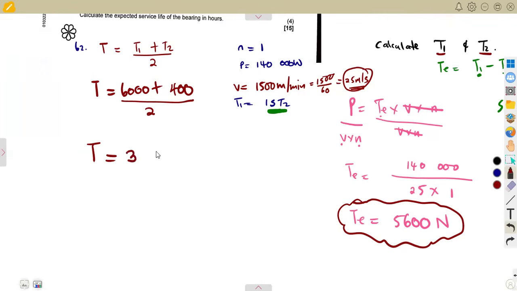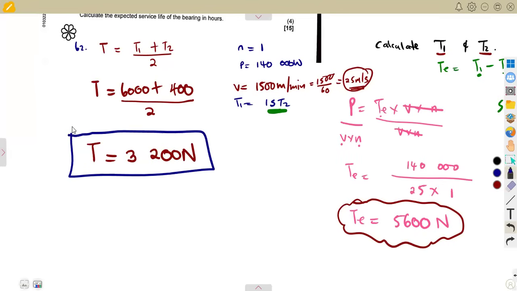So this was going to give you 3,200 Newton. So that is how you could have calculated this tensile force, which is the total tensile force of the bearings.